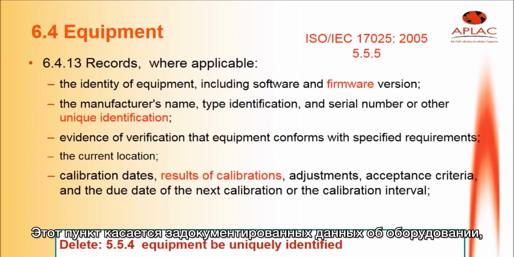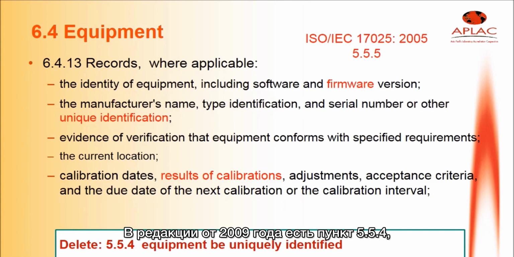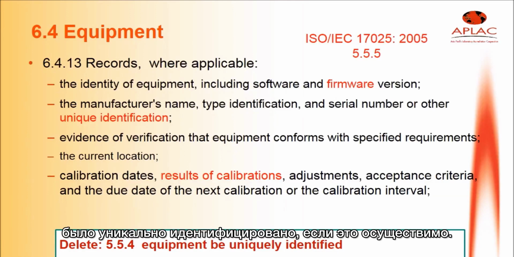This clause is regarding the records of the equipment. Compared with the 2005 version of 1725, there is no significant change. In the 2005 version, there is Clause 5.5.4, which requires that equipment significant to the result shall be uniquely identified when practical.